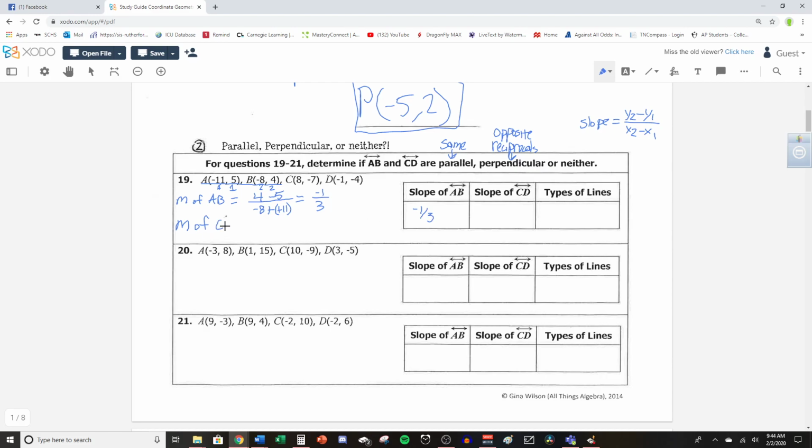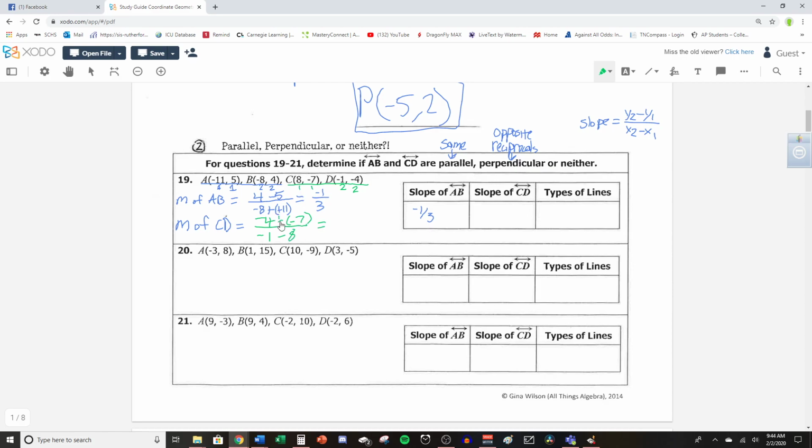The slope of CD, I'm going to do the same thing here. Let me change my color to green on this one. This is 2, 2, 1, and 1. So y2, -4, minus y1, -7, over x2, -1, minus 8, which is x1.